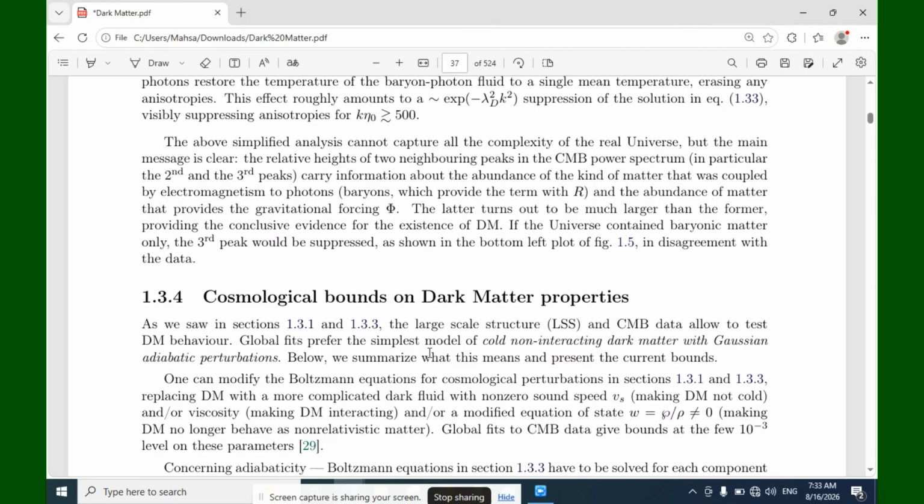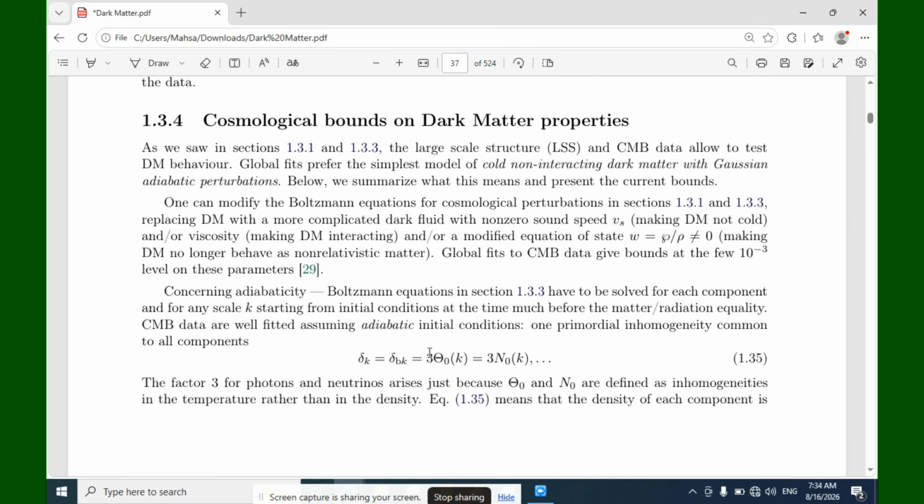The latter turns out to be much larger than the former, providing conclusive evidence for the existence of dark matter. If the universe contained only baryonic matter, only the third peak would be suppressed, as shown in the bottom left plot of Figure 1.5, in disagreement with the data.